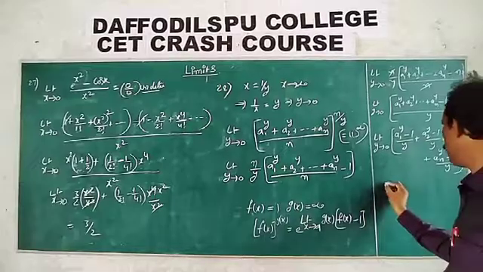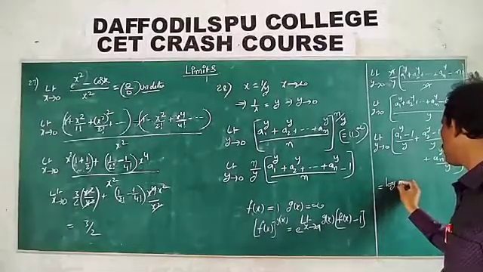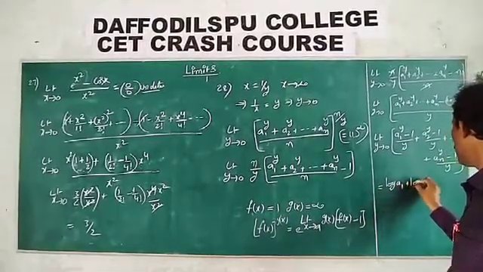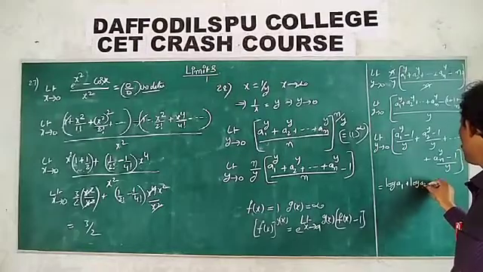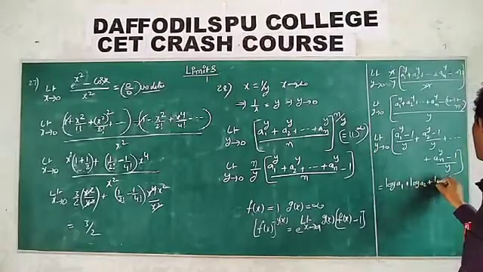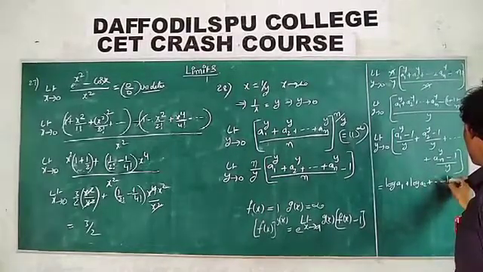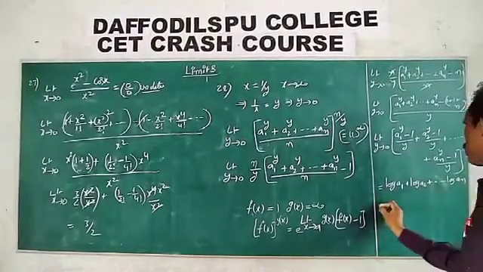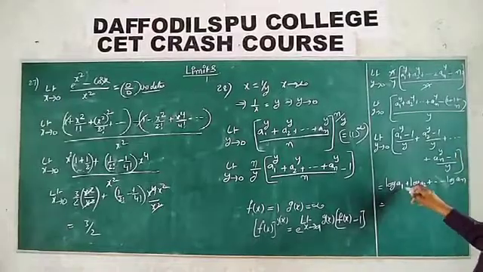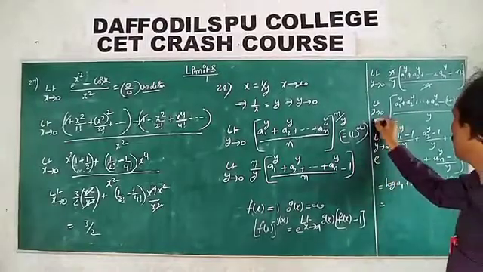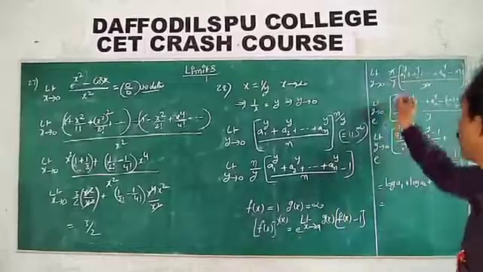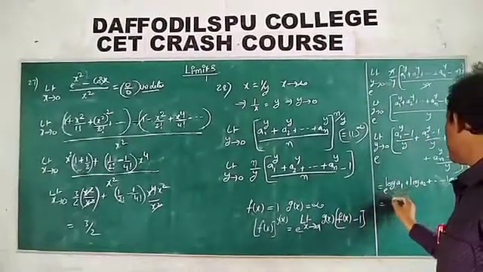Therefore this is equal to log a1 plus log a2 plus and so on log an. So the total is e power of that.